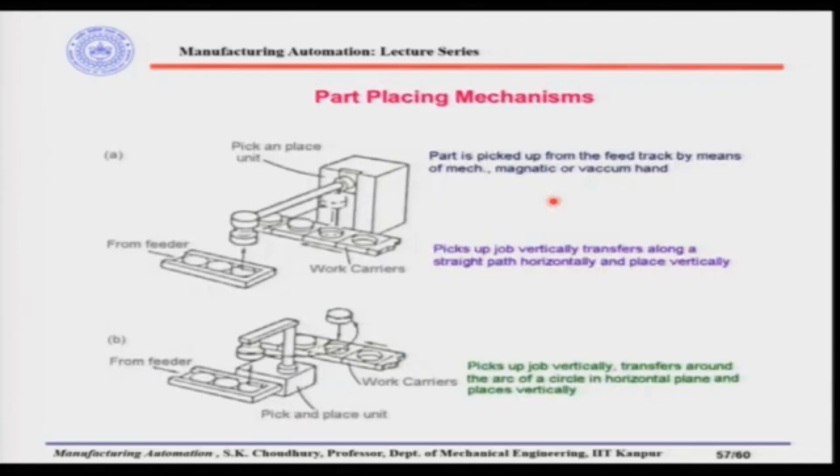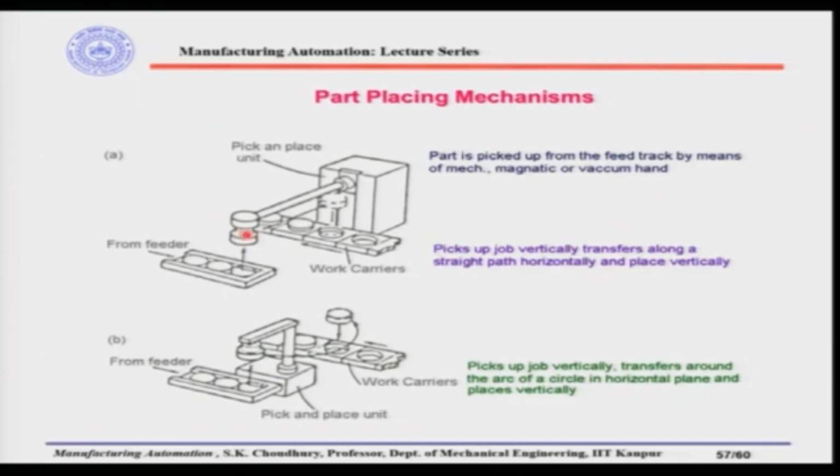Another part placing mechanism, as I said, is this kind of robotic arm or manipulator. In this, the part is picked up from the feed track by means of a mechanical, magnetic or vacuum hand. This is the manipulator or robot arm, and it has an end effector at this end.